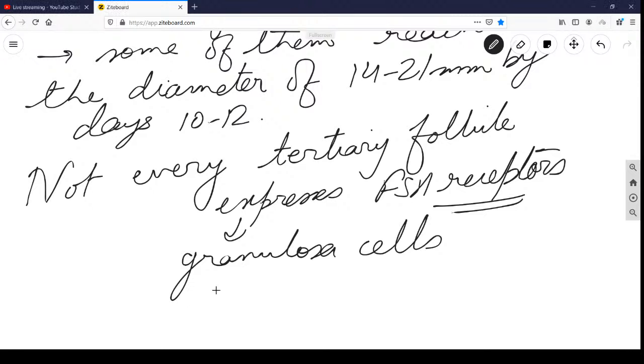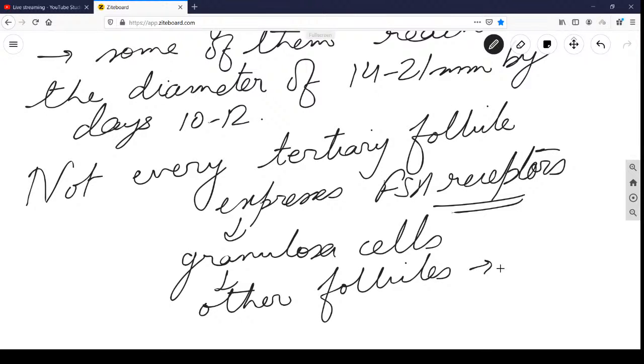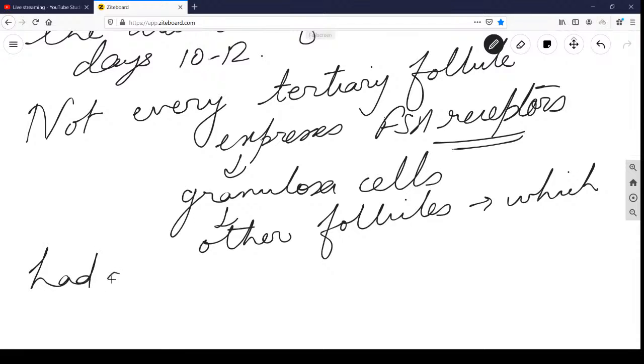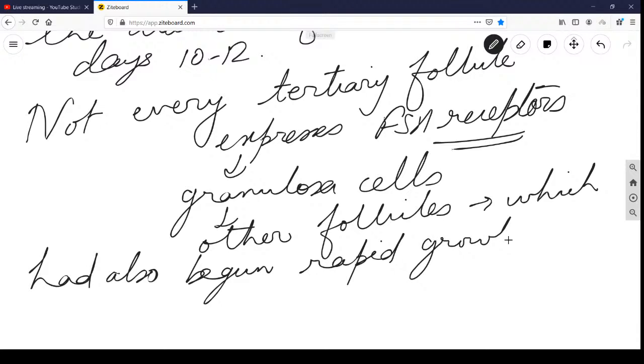Other follicles which had also begun rapid growth and cannot reach the 14 to 21 mm mark, they become atretic, means they degenerate.